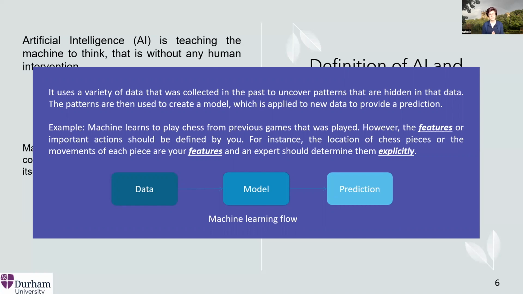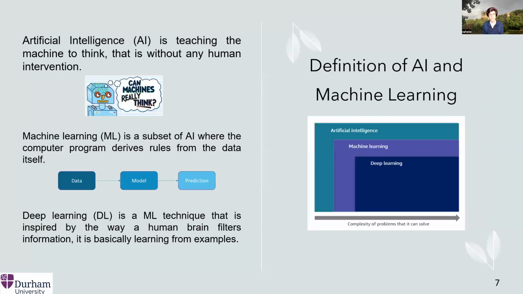For example, if we want to talk about playing chess, we should tell our machine learning methods what is important. Is it important to look into the location of the chess pieces or consider the movement of each piece? These are important things that we should teach to our machine learning algorithm. From this on, it looks into data and tries to find the rules, but features are predefined.